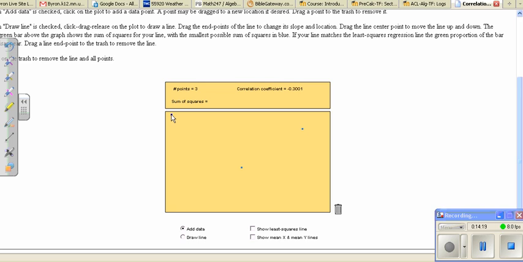So moving this point around really changes the way that R is. Now we're pretty close to a strong one again because it's pretty close to 1. So just moving this point up or down really makes it weak or strong. So keep in mind that an influential and outlier point really makes a difference.